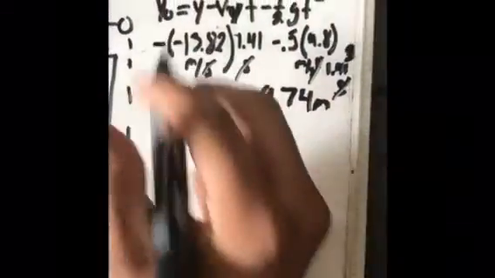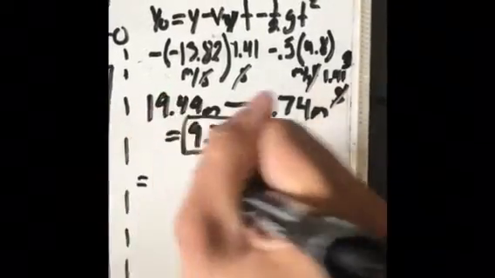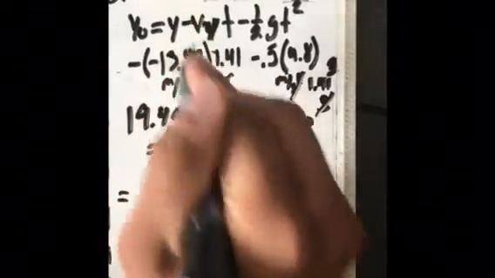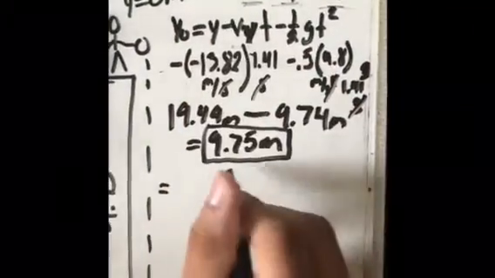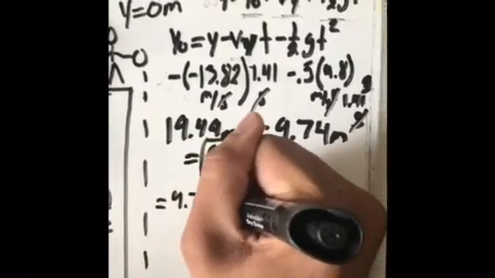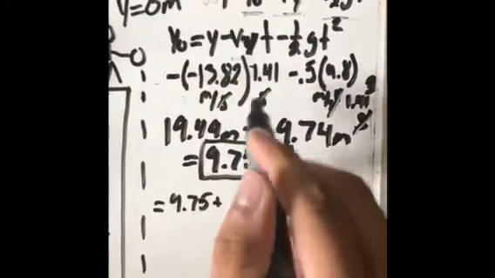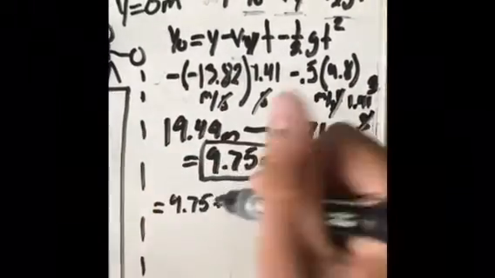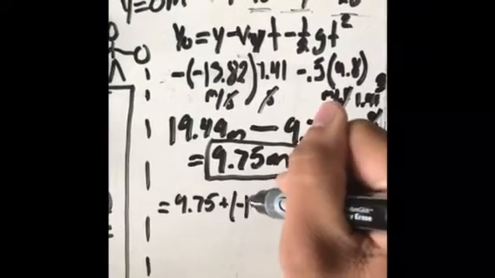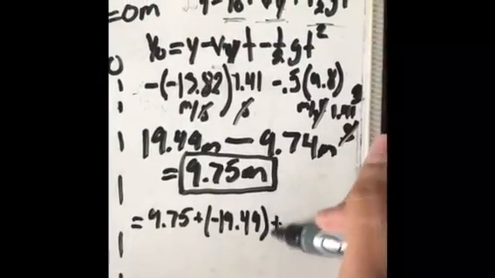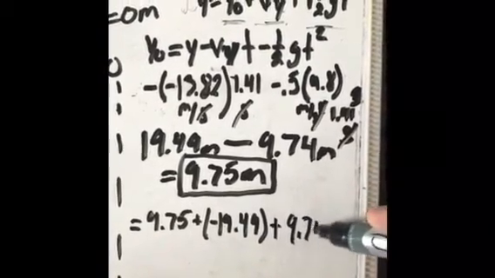All right. If you wanted to check your answer to make sure that everything came out correctly, you could just as easily plug back into the original equation up here. We know what y was, so we could plug in, and plugging back in, we get y naught as 9.75 plus, we work that out to equal negative 19.49, and then plus 9.74.